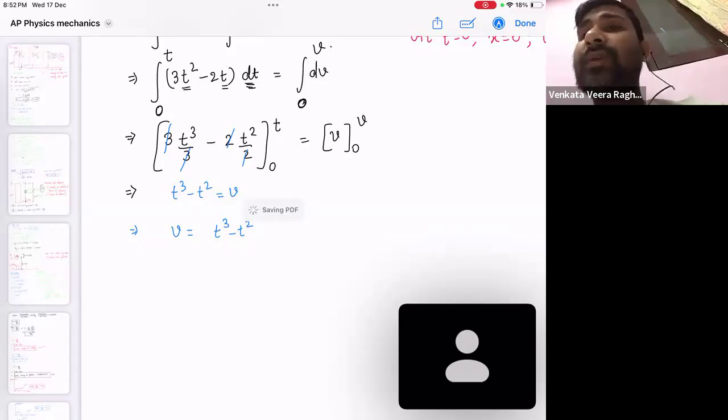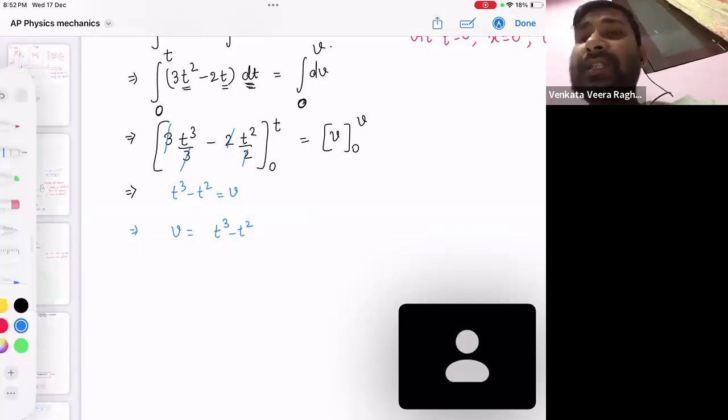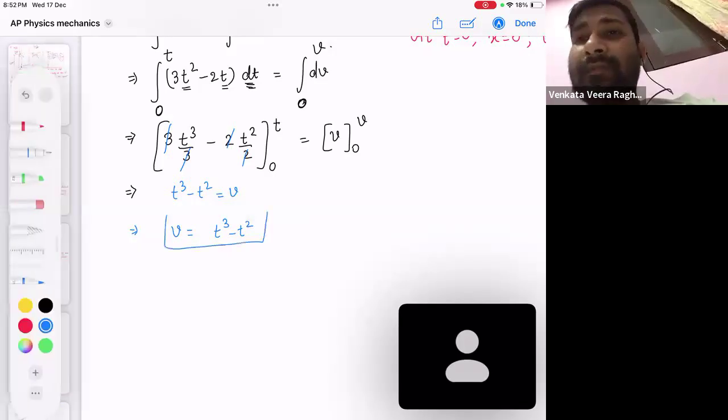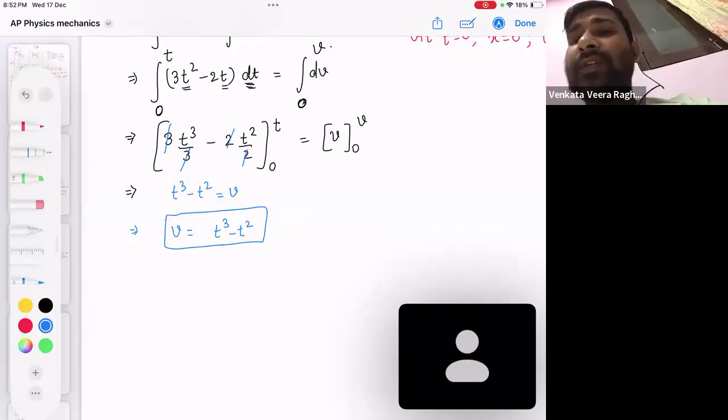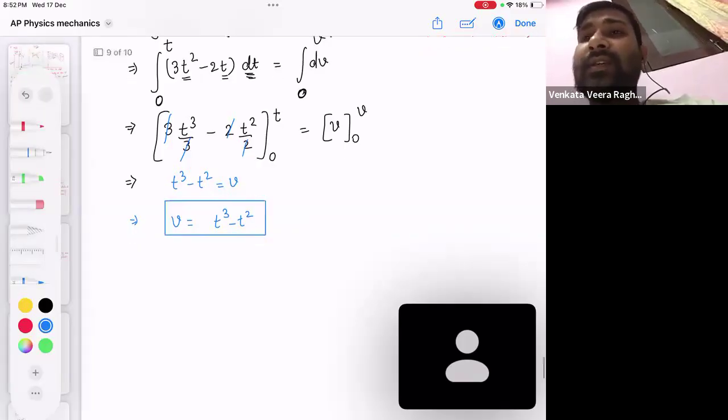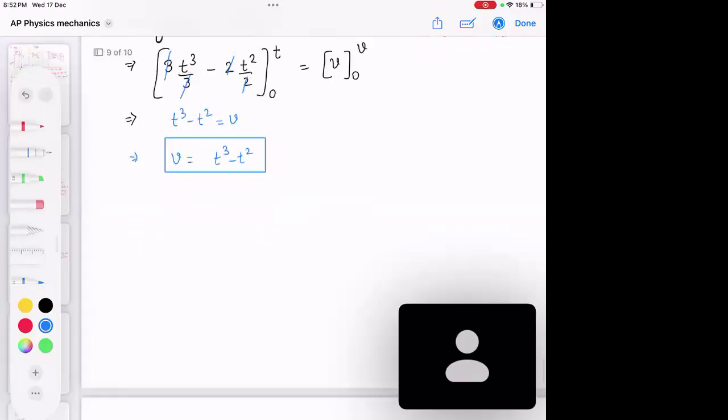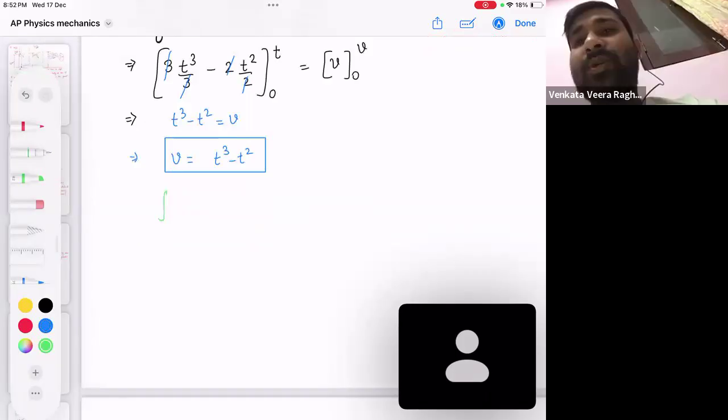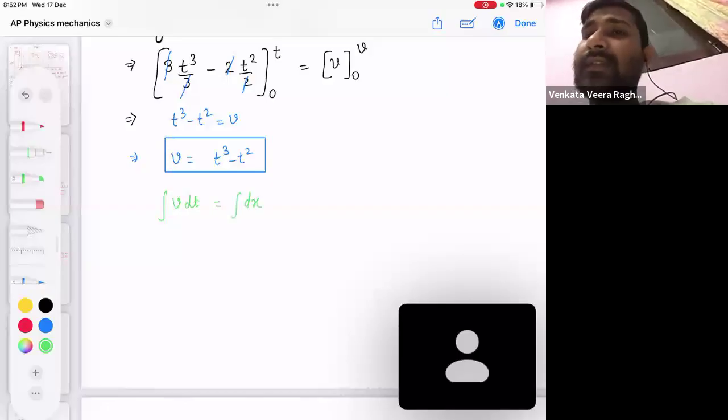Okay, from velocity, how do we get the position function? Please tell me. So can you write it again? Integrate velocity, one more time, right? Because integration of v with t equal to 0, x is 0, t equal to t, x we will calculate.